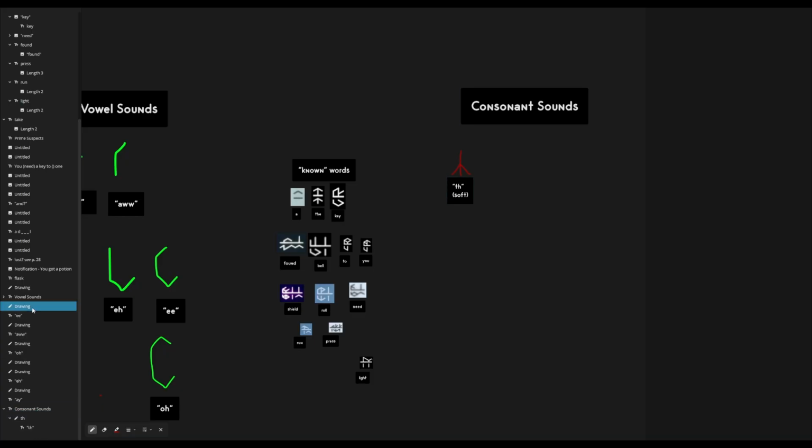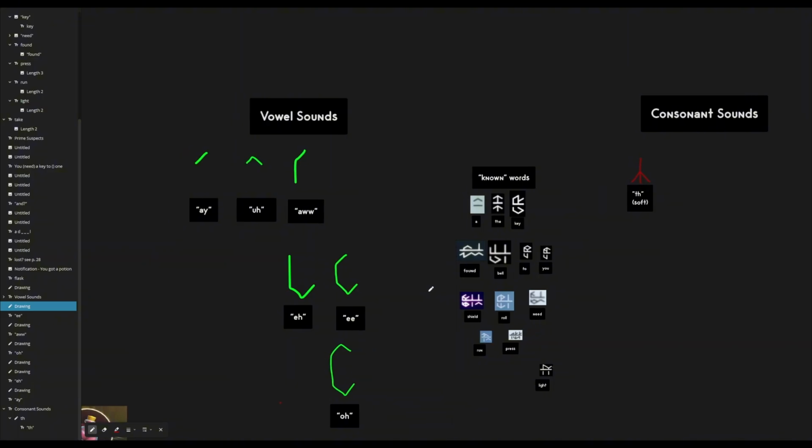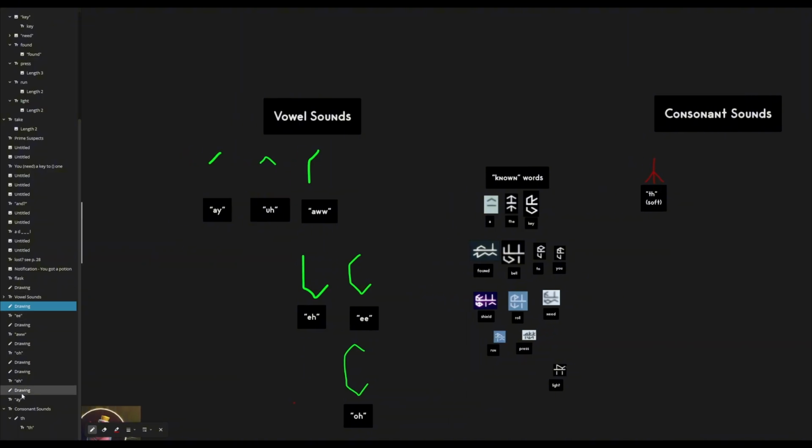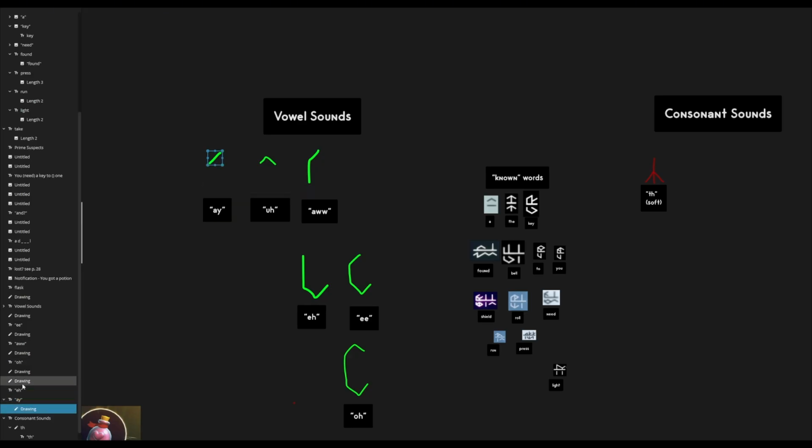Oh, none of my vowel sounds are properly parented either. Oh no. Okay, AY. What is this? Okay, so this goes, actually, we're going to nest it that way. So drawing goes under here.